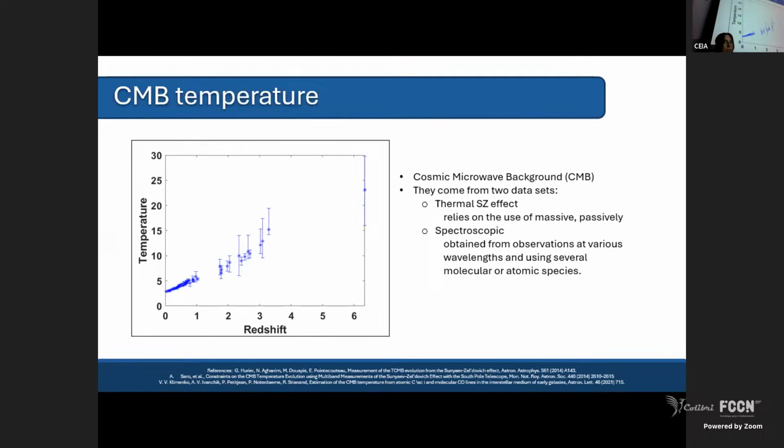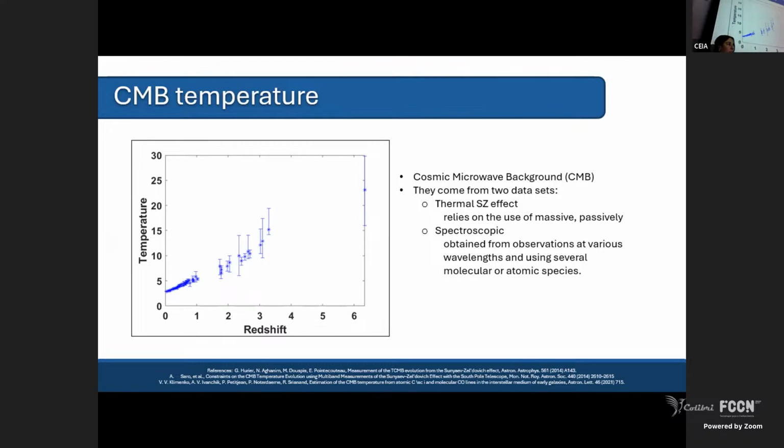The CMB temperature data set comes from, firstly, CMB is cosmic microwave background temperature. So it's from the radiation of the beginning of the universe. It comes from two data sets, one that uses the thermal SZ effect and one that uses spectroscopic measurements.